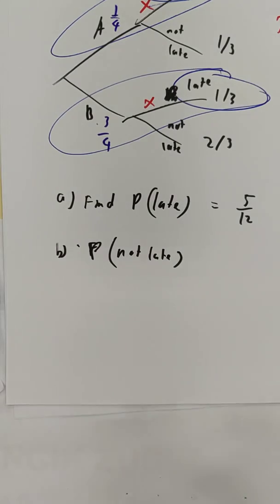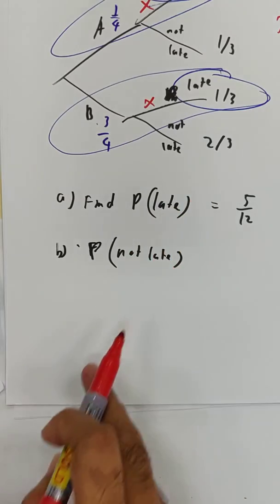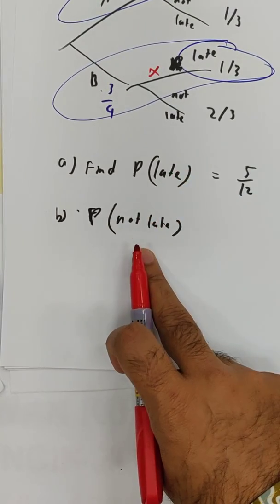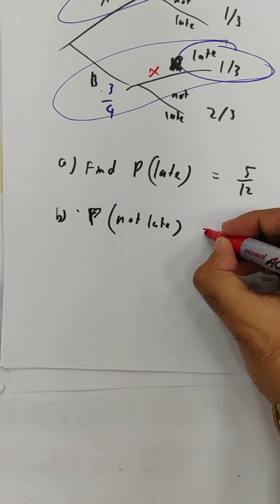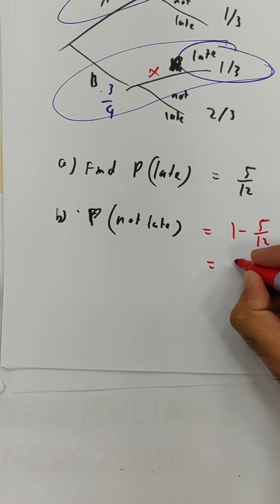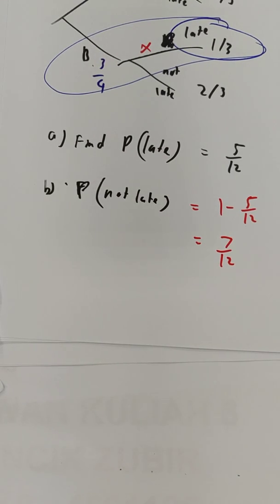You can do it that way, which is not wrong. Or simply, I know this is late, the counter of it will be not late. So simply 1 minus. Wow. That's a different way of thinking.